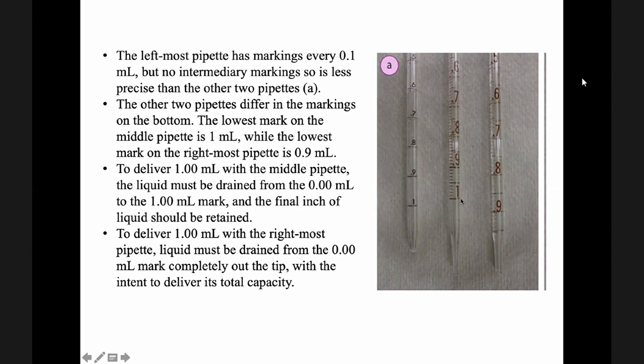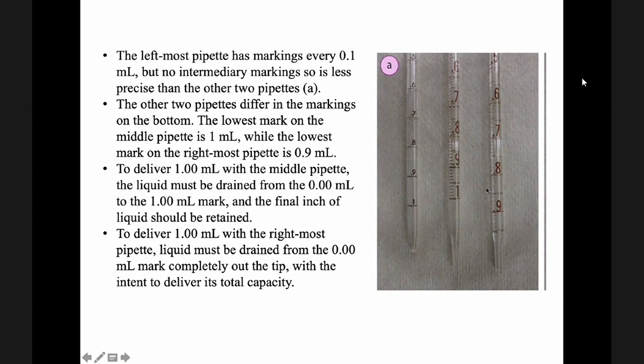So never deliver the volume after the mark. So from the 0 ml to the 1 ml mark only. And the final inch of this liquid should be retained.